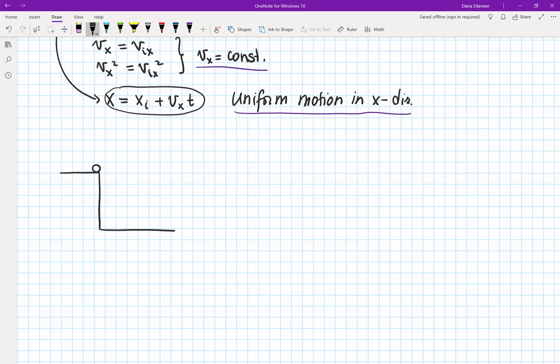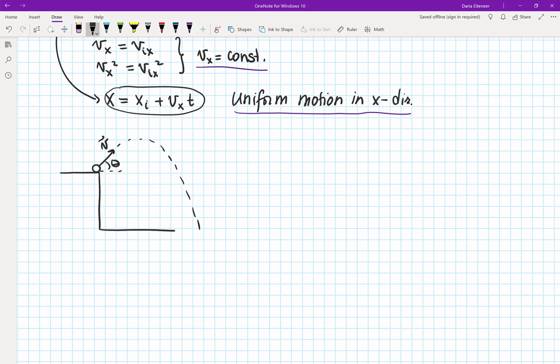So something like this, like launching a ball at an angle. Right? This would be an example of projectile motion. See how I'm launching a ball at an angle with a certain velocity, right?